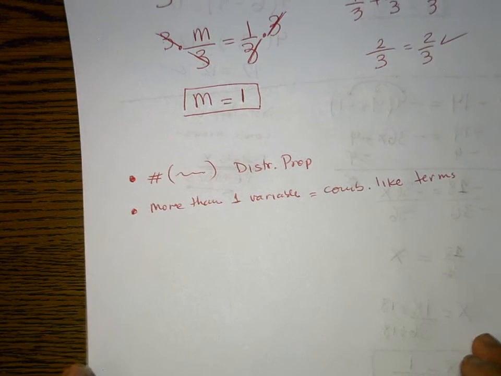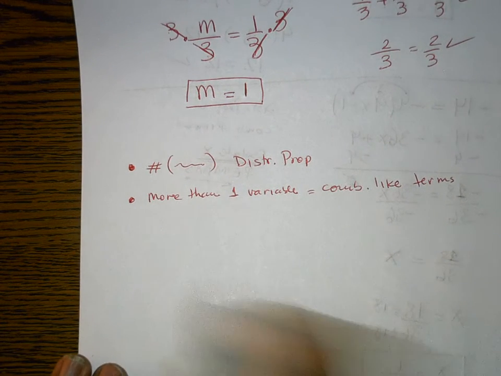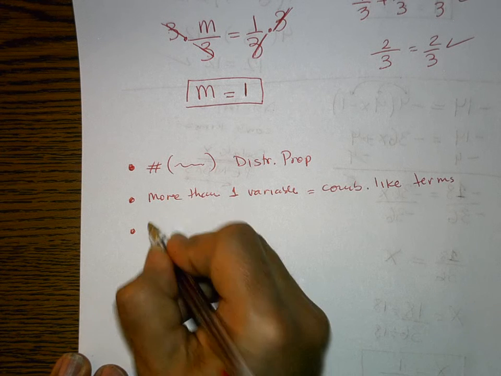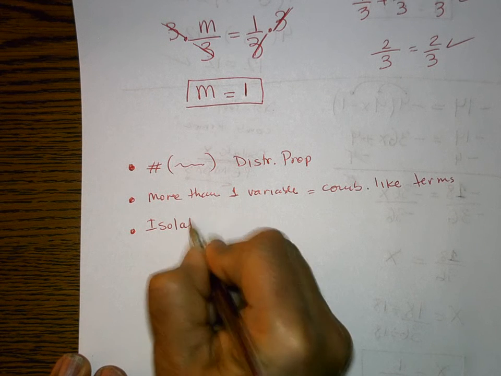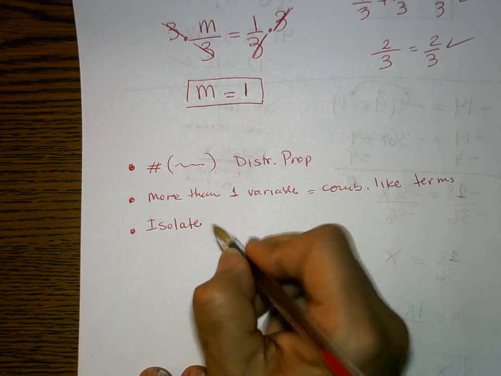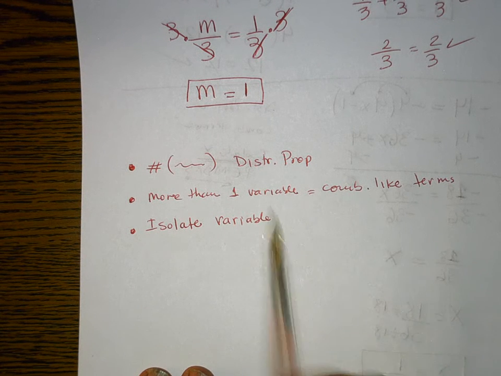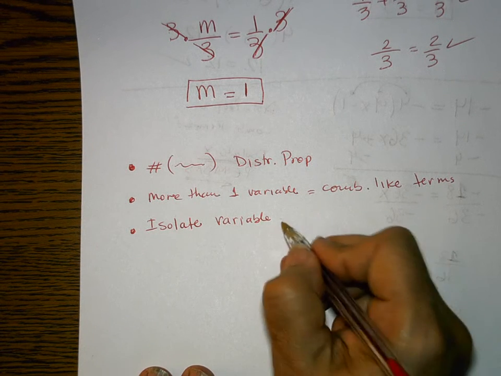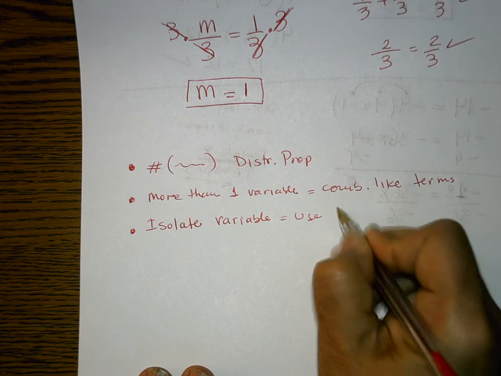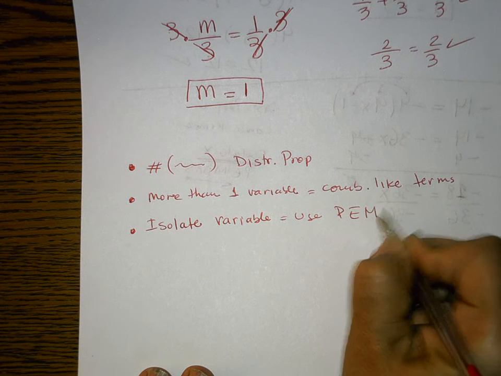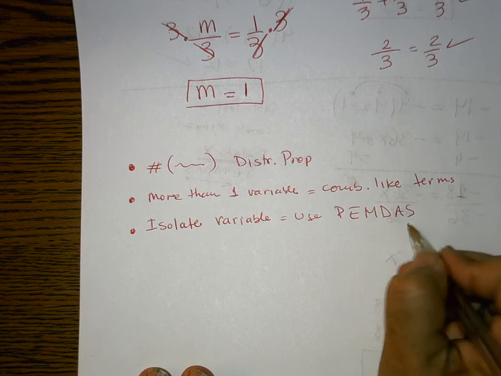And last but not least, if I'm trying to get a variable all by itself, like we did with m here, we always use PEMDAS backwards.